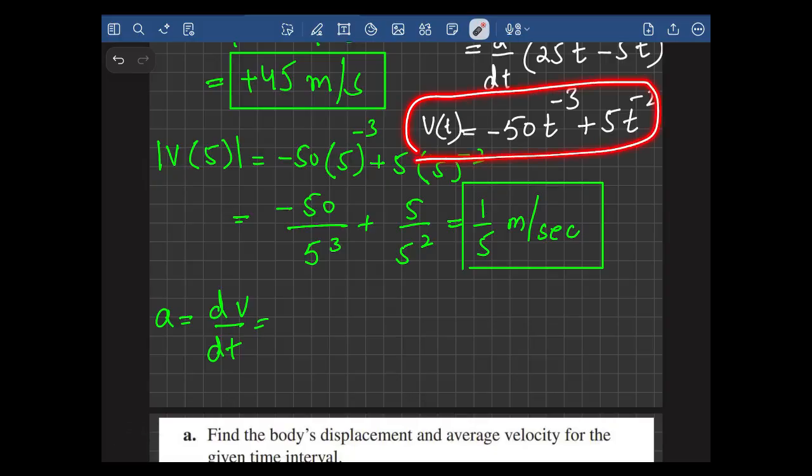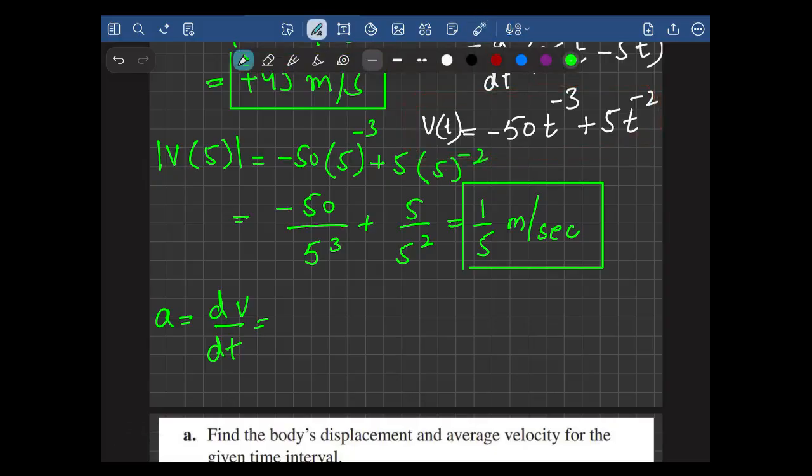Remember, this is the velocity, so we have to find its derivative. Due to the space, I'm just solving directly. So it's going to be minus 3 times minus 50 t raised to power minus 4, plus minus 2 times 5 t raised to power minus 3.